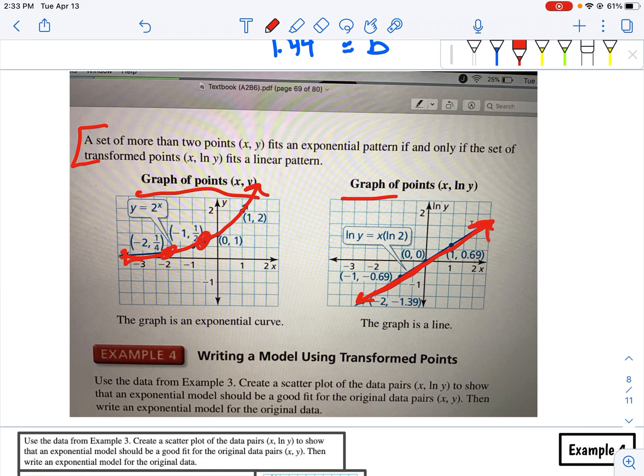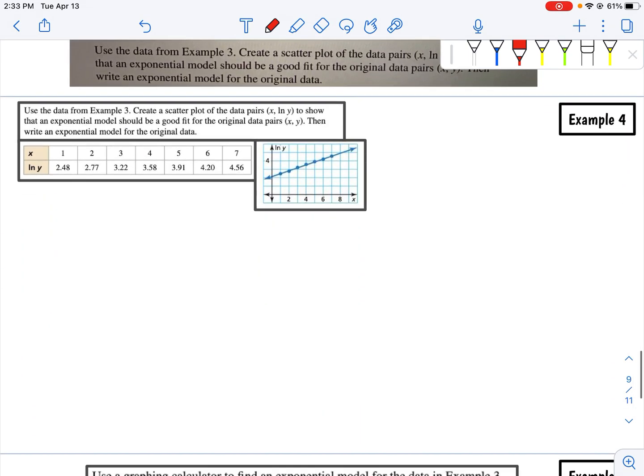If we take each of these points from our exponential pattern, put them into x and then ln each of the y's, and it gives us a line, then we know that the exponential pattern and linear pattern fit each other, that we have a line of best fit.